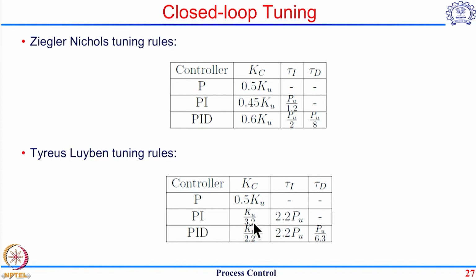These are the tuning parameters given by the Tyreus-Luyben method, where the P controller has the same equation, but all the other controllers are detuned significantly. The gains are much smaller than Ziegler-Nichols and the integral time constants are larger, both of which are going to reduce the speed of response, but also improve the decay ratio. The response will not be very oscillatory.